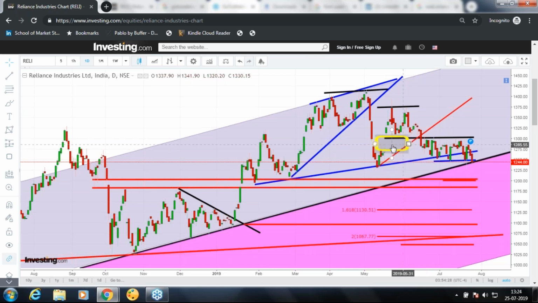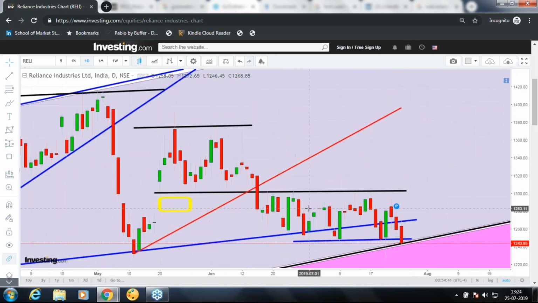And this gap is 1300 odd levels and 1290. And mind you, if you zoom in out here, what you'll notice is that the stock came into the gap but never really got over 1290.